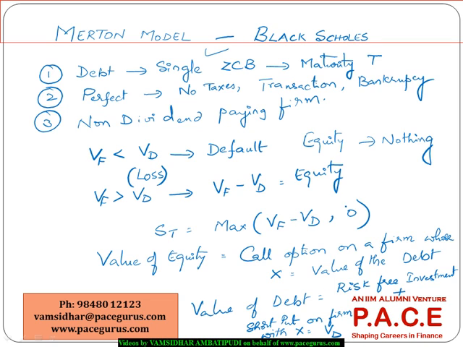So the value of the debt is the total D that we are going to get, discounted at the risk-free rate of return, basically a risk-free investment, minus the maximum of the value of the debt minus the value of the firm, comma 0.